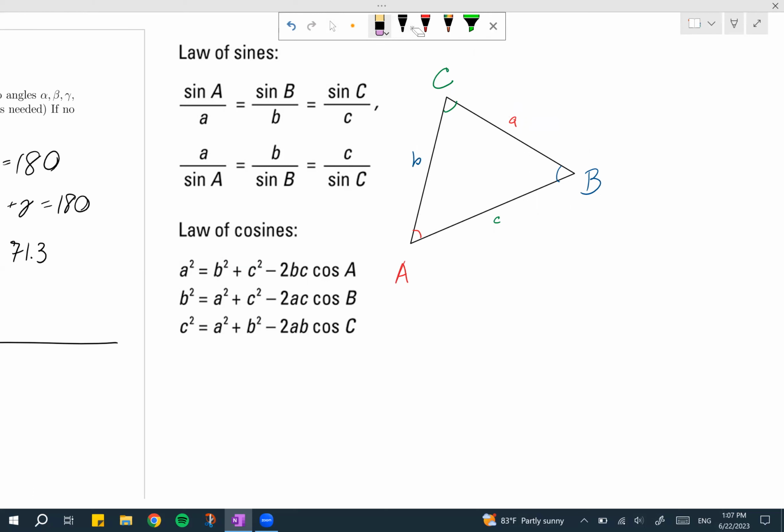You can try to remember this because sine is opposite over hypotenuse, so we're worried about the opposite side. That's how you can figure out how to pair these up if you forget.